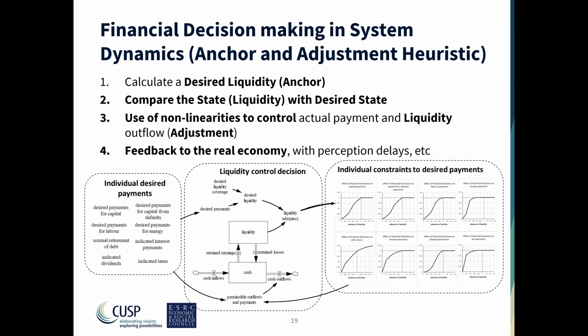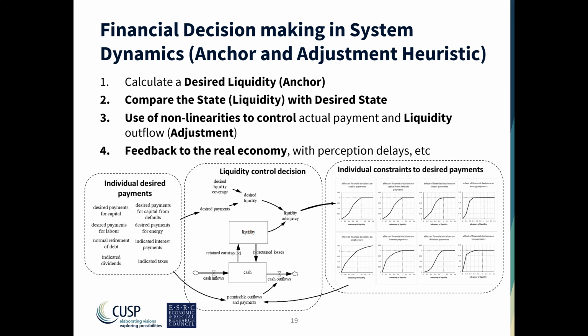The liquidity that we actually have will be compared to the desired liquidity and generates a liquidity adequacy. That, as we saw in the previous case of resources, is nothing more than a ratio, a fraction between the liquidity and the desired liquidity.